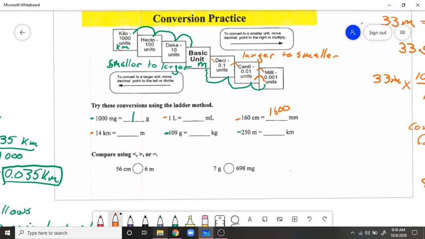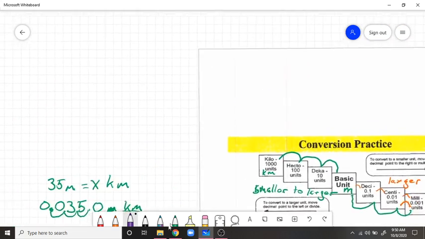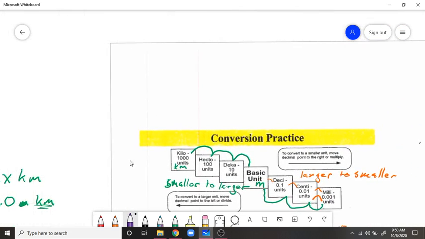Here is a final example, which may be a little tricky. We are going to go from kilometers down to millimeters. I want you to be able to see the ladder.